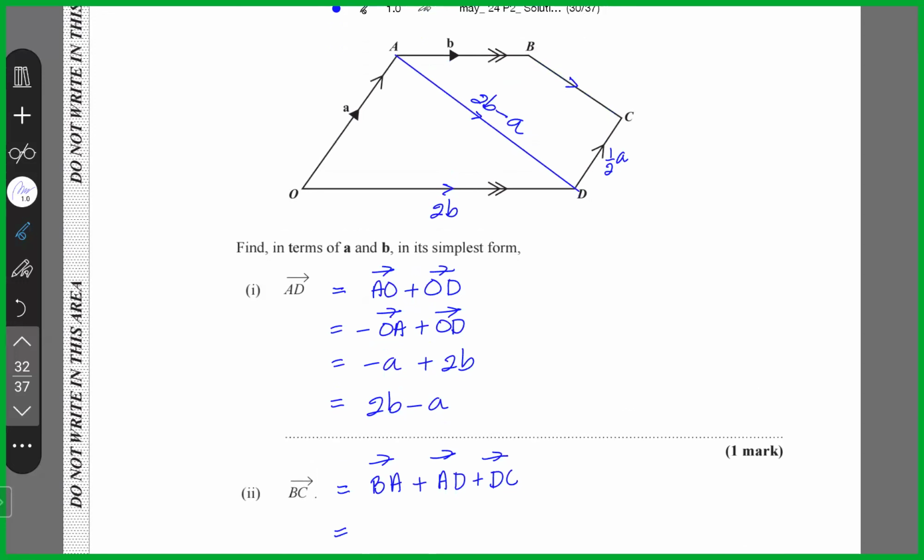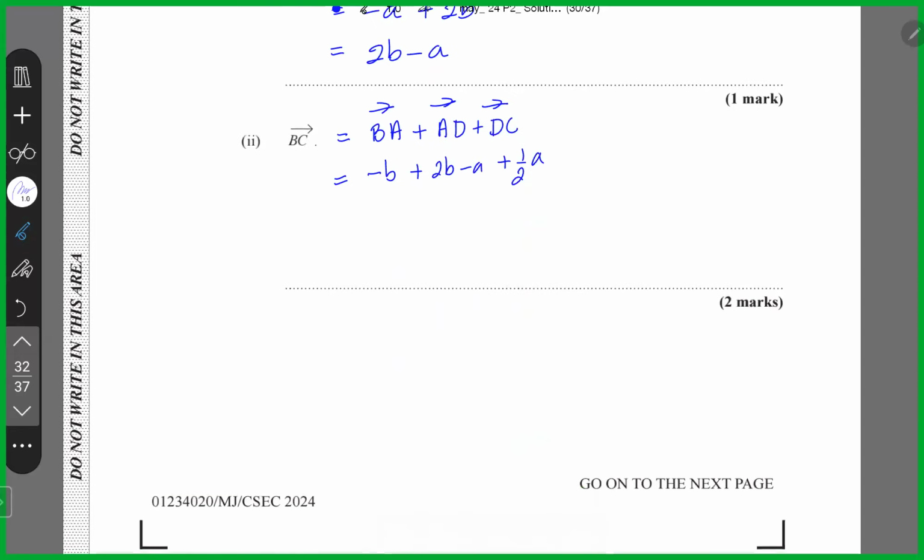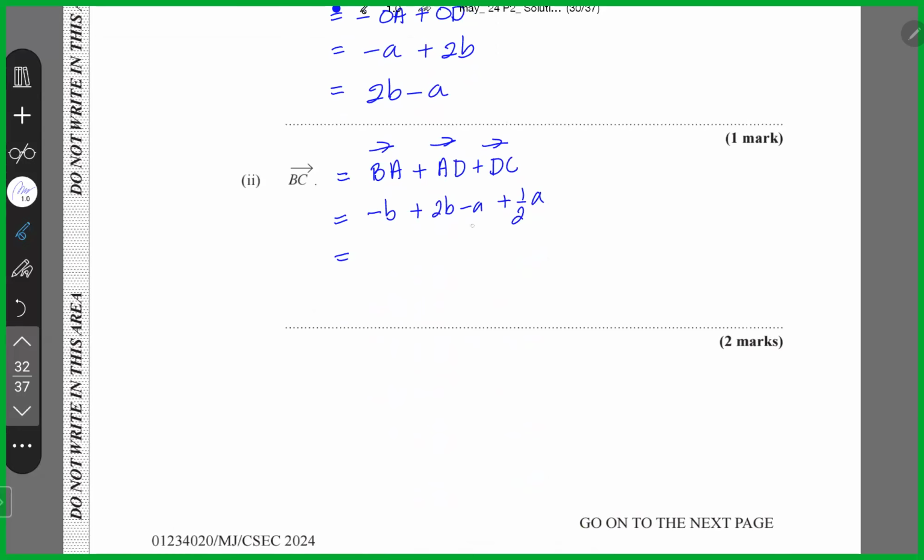So this is actually minus B, because AB is B, so BA is minus B, plus AD, which is 2B minus A, plus DC, which is a half A. So this becomes B minus A plus a half A is minus a half A. This is the same as saying 2B over 2 minus A over 2.